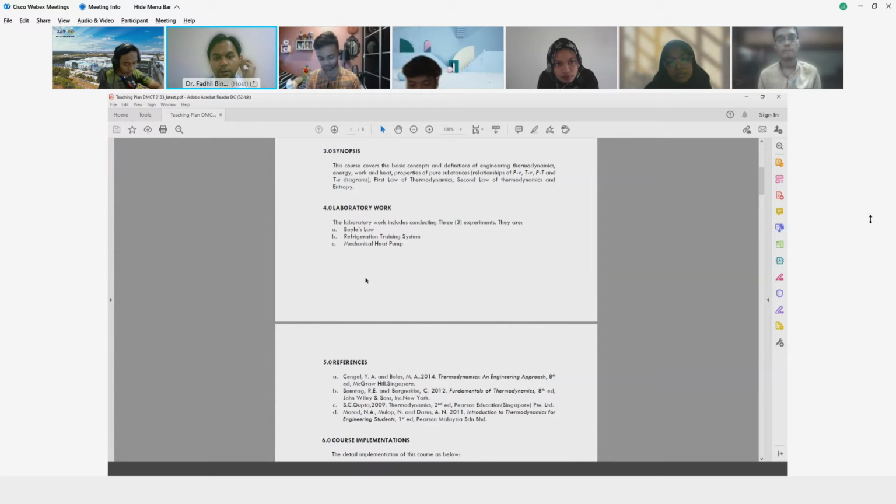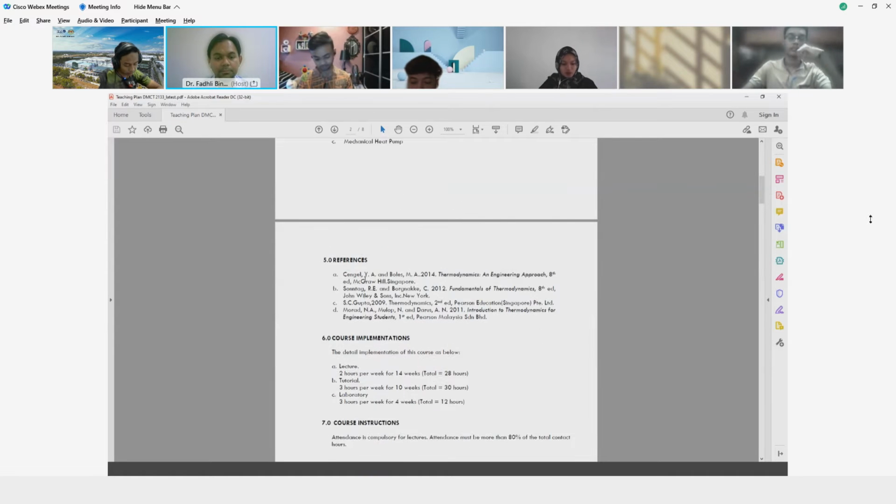So based on these experiments, you need to prepare 2 individual reports and 1 group report. I will explain later which experiment you need to prepare by group. Explain later during the laboratory work session.